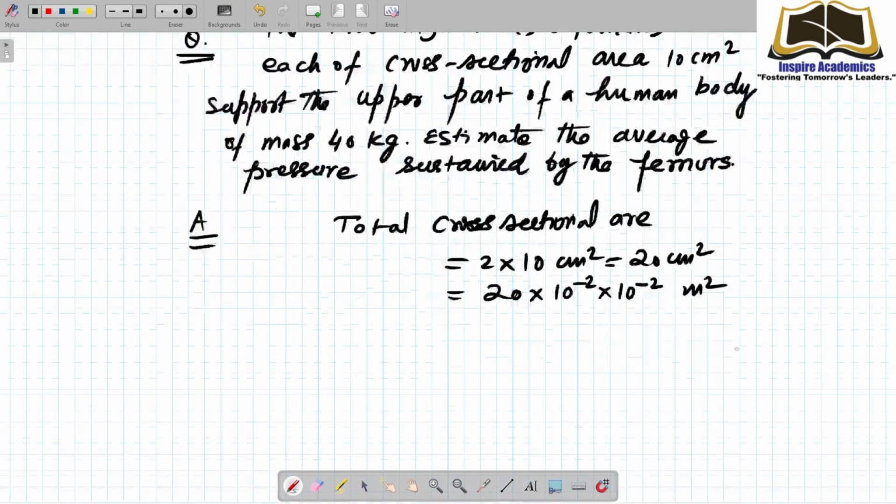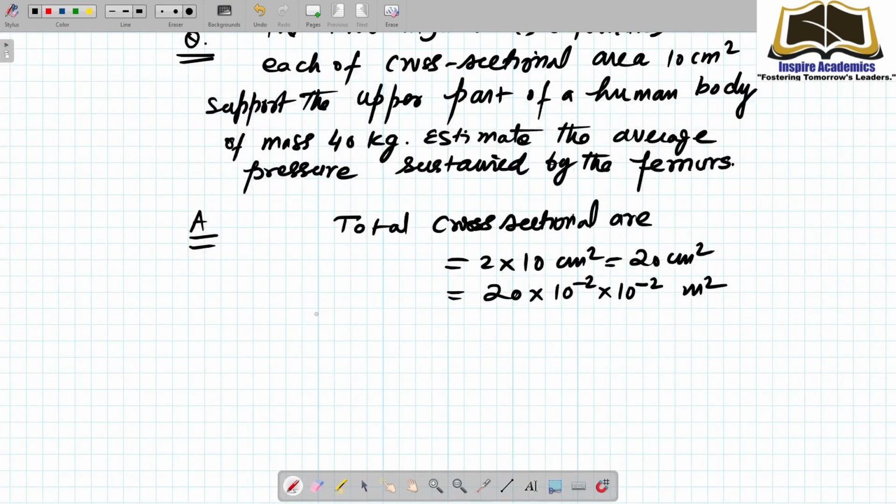And force or mass, कितना mass ये दोनों thighs carry कर रही हैं? 40 kg. So F can be said as mg, which is 40 times 10 Newton, 400 Newton.